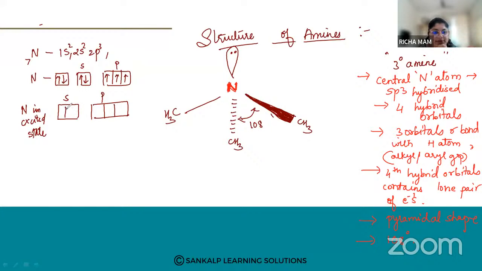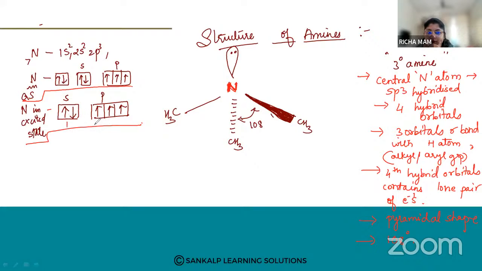So you can see here, there are four hybrid orbitals. Out of these, this is in the ground state and this is in the excited state. Now here you can see when it is in the excited state, it makes use of the availability of four hybrid orbitals.